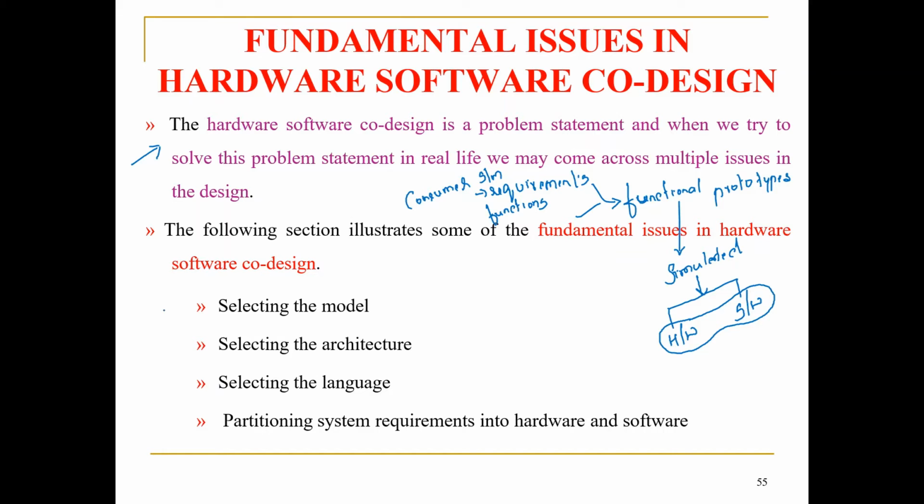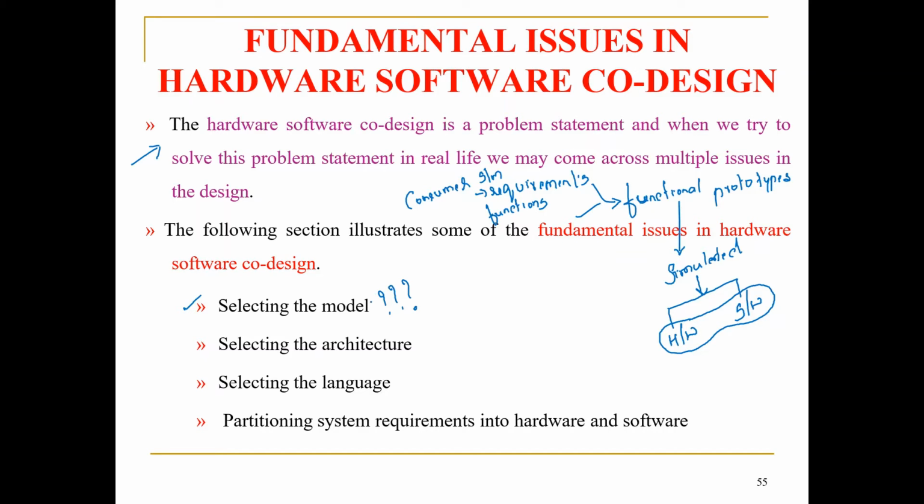The first issue is the selection of the model. Which model are you going to select? There are multiple models existing in the market, and you should make sure which model you select in order to bring out the product. This is a difficult task, because once you select a model and start implementing your product, at a particular stage of implementation the model you selected may become non-functional.